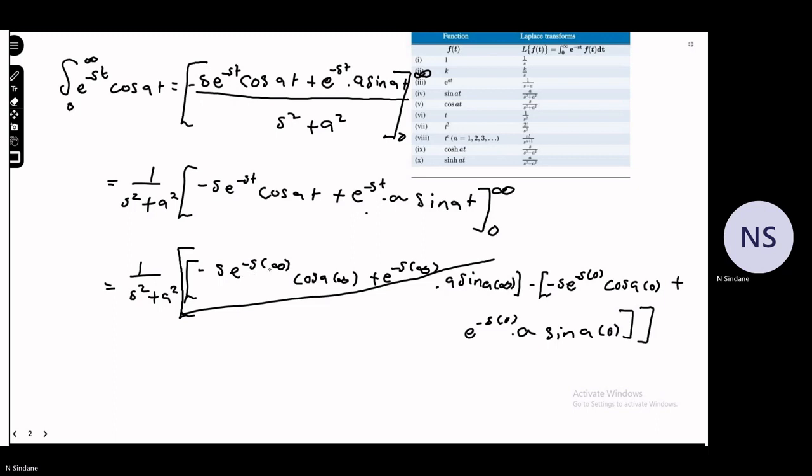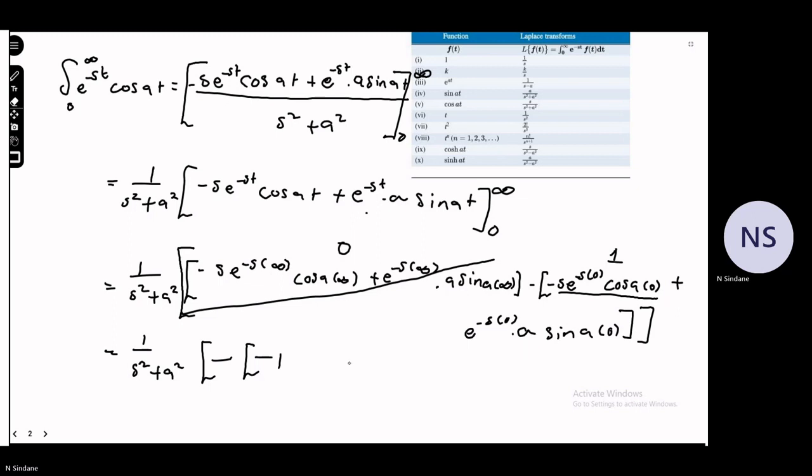Why? Because e to the power minus infinity is 0, right? This will give us 0. The whole part will give us 0. Then we are left with 1 over s squared plus a squared, into negative. Which negative are we talking about? This outside. Into negative, so this part is going to give us 1, which is actually negative 1.